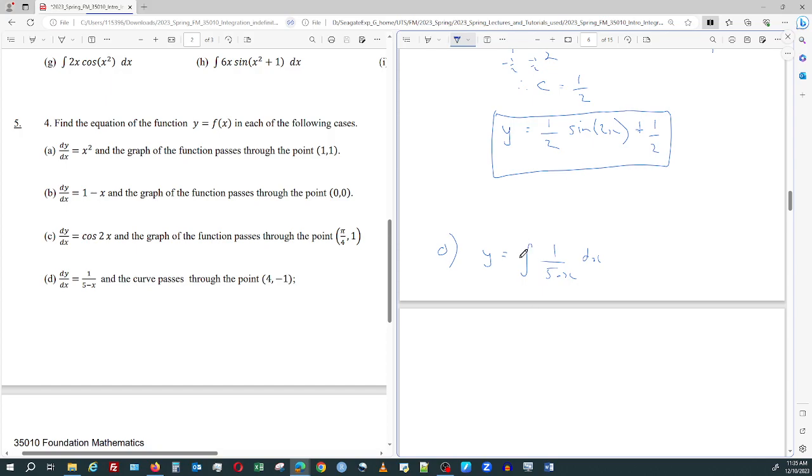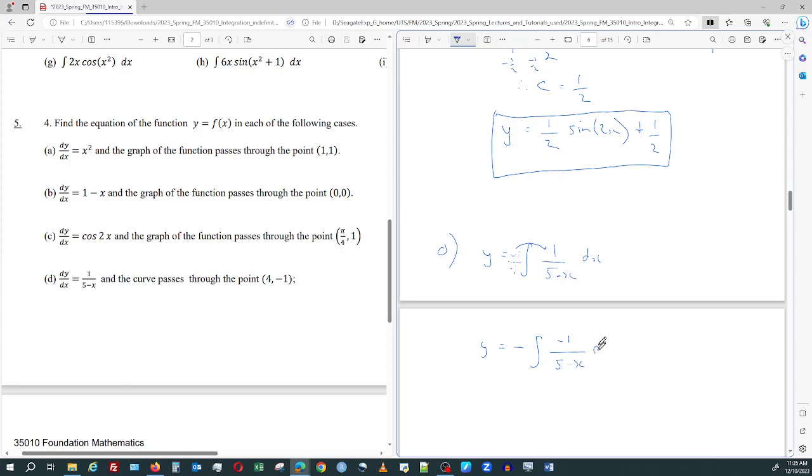No, but it could be if we had a minus 1 over 5 minus x, because that minus would then go up there, and we would have minus the integral of minus 1 over 5 minus x.